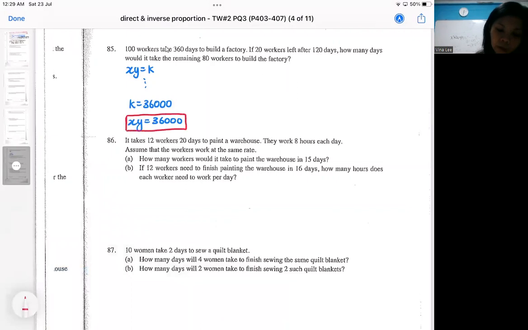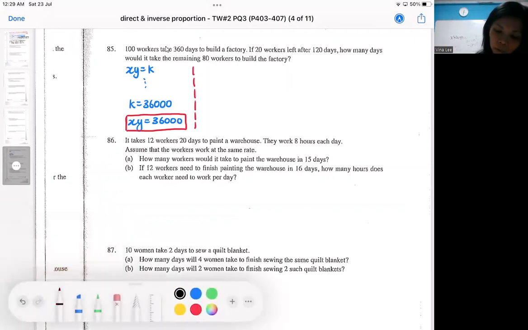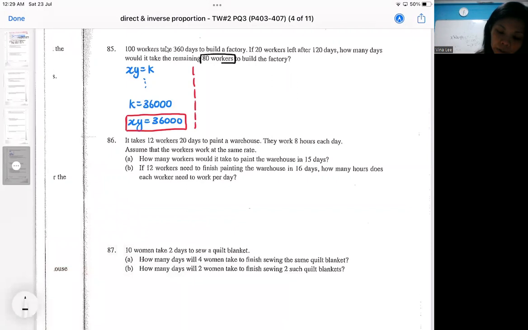So we will use this equation to find out what happens when you are left with 80 workers. When you're left with 80 workers, that means X is equal to 80.